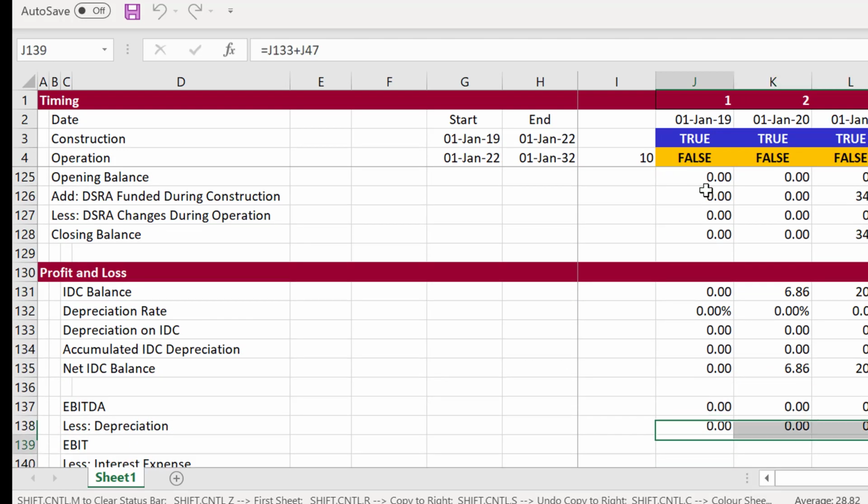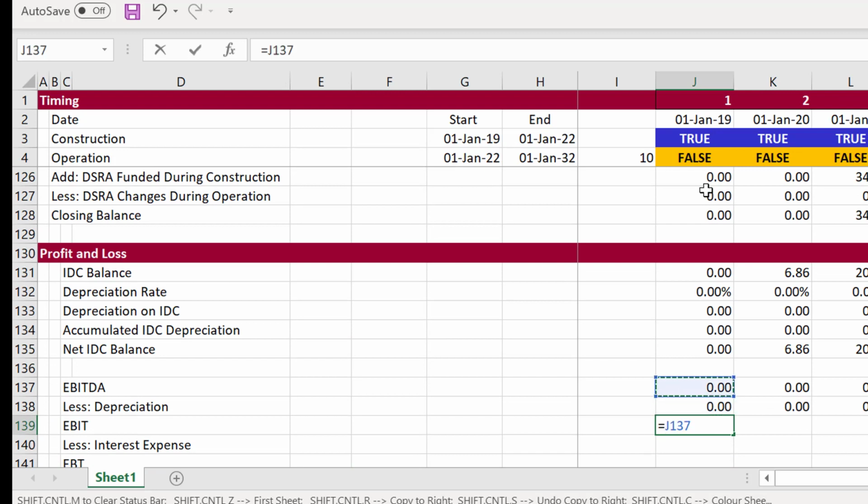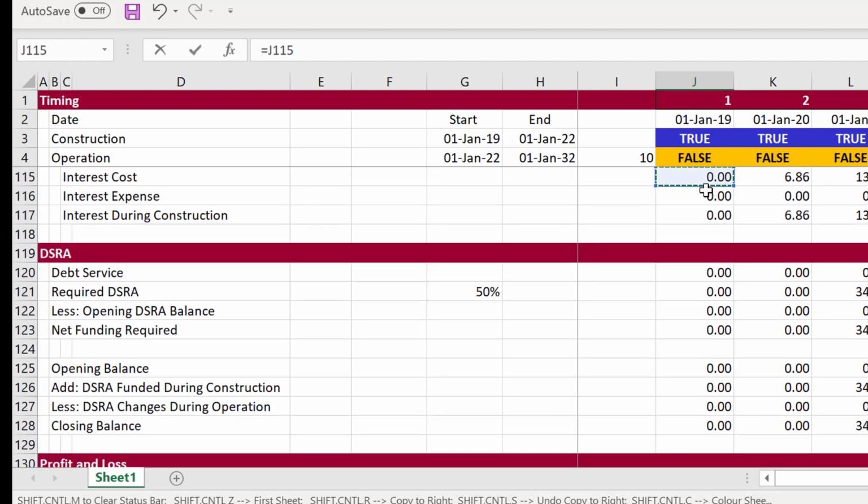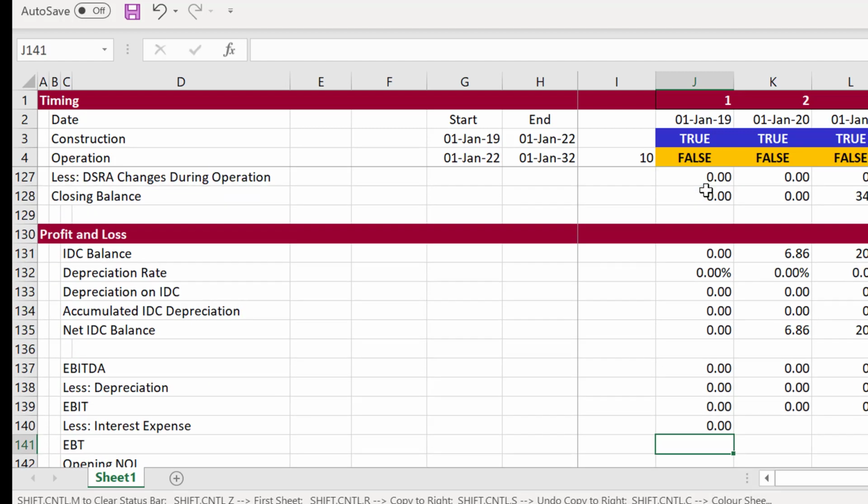Then we can compute our interest before earnings and taxes, and we can get our interest expense, not our interest during construction, because we expensed interest during construction as a depreciation item.